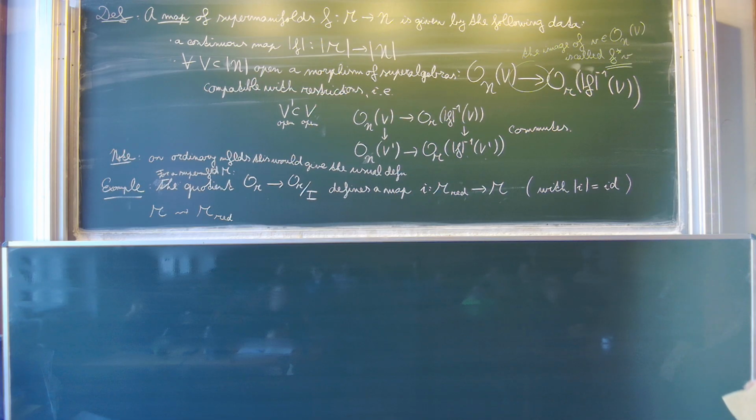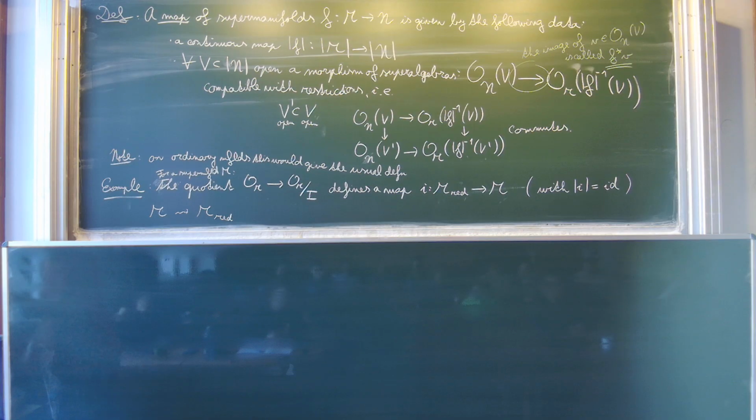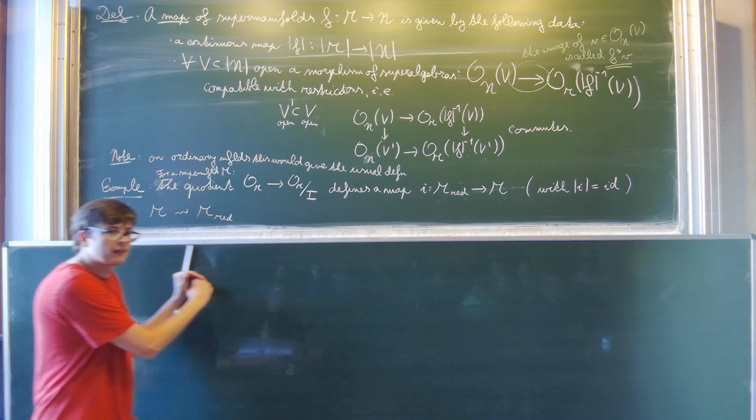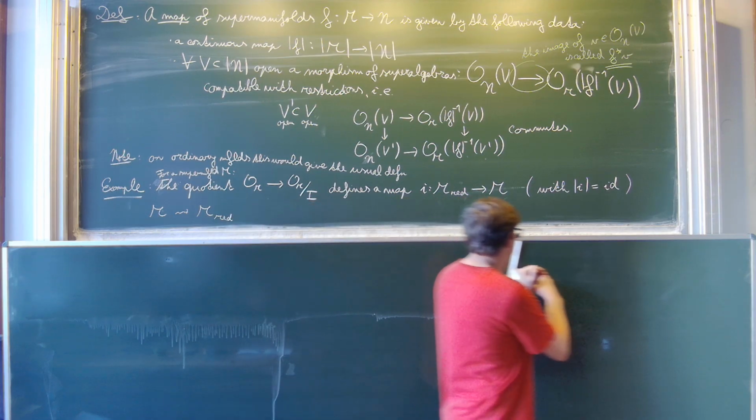Also on the level of coordinates, so far this is pretty abstract, but when we see this in coordinates it will be clearer, and then it's really just like you set some coordinates to 0.